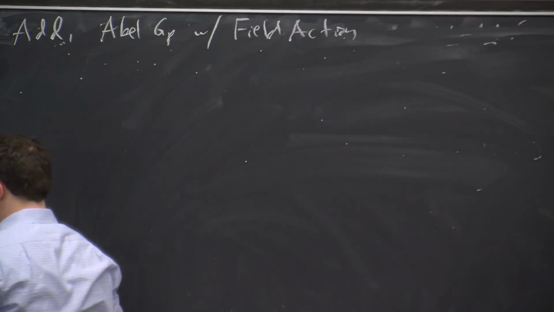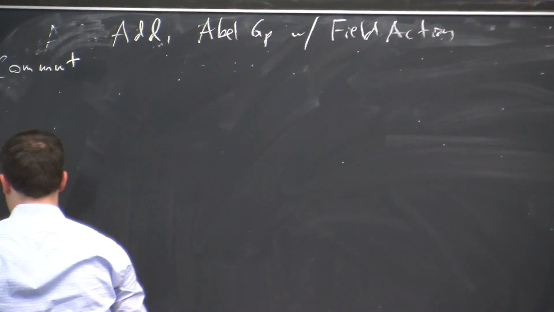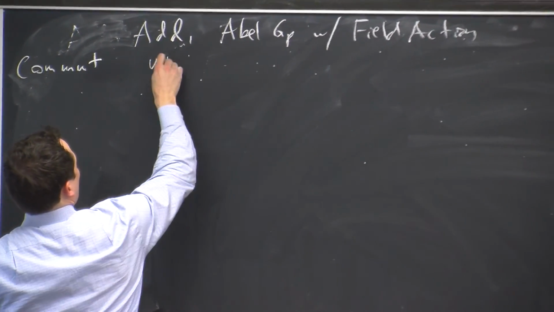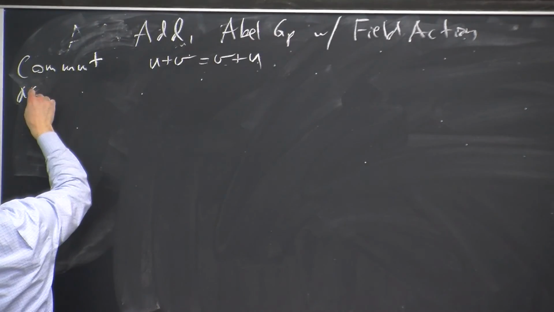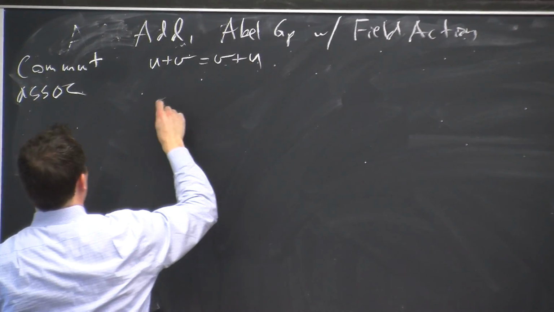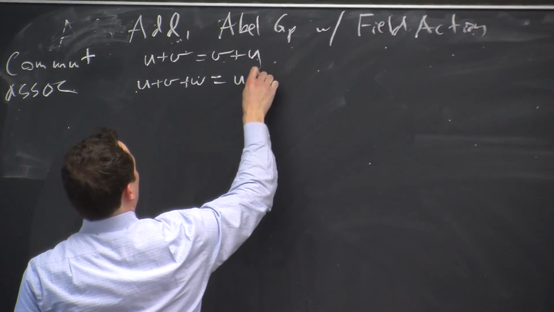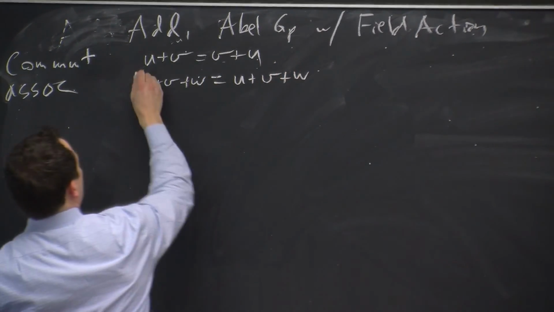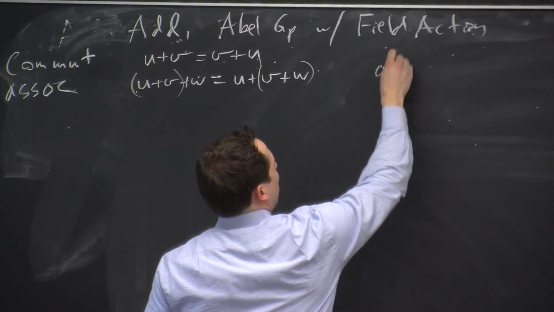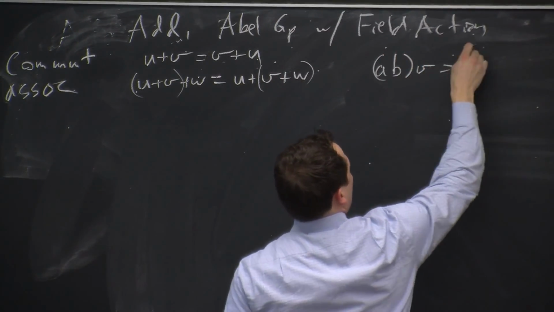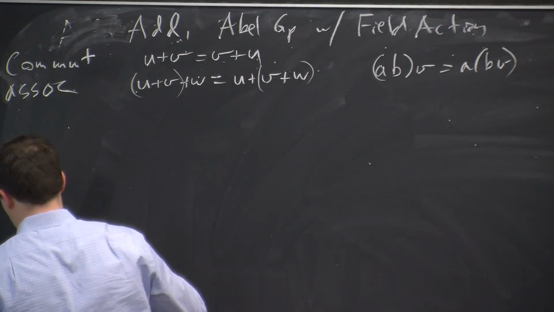What were the properties? Commutativity: u plus v equals v plus u. We had associativity. There was a group associativity, u plus v plus w. I'm omitting the quantifiers here. And there was another associative property, which has to do with the field action.